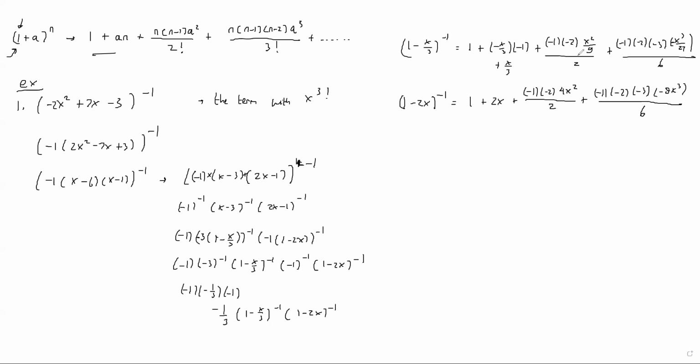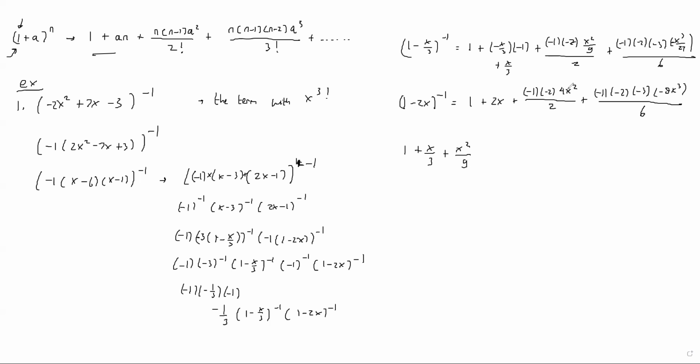And this one will just be equals to, okay, it's gonna be positive. So 2 and 2 is gone like that. So 1 plus x over 3, and then add it again by this one. So minus 1, and then multiplied by 9. So that will be x squared over 9, right?